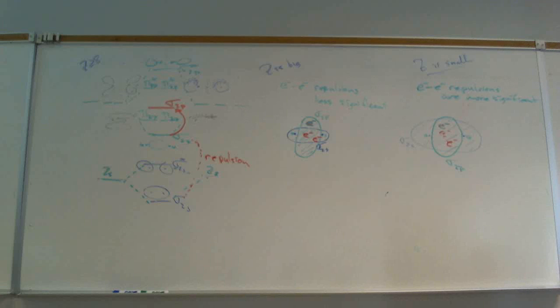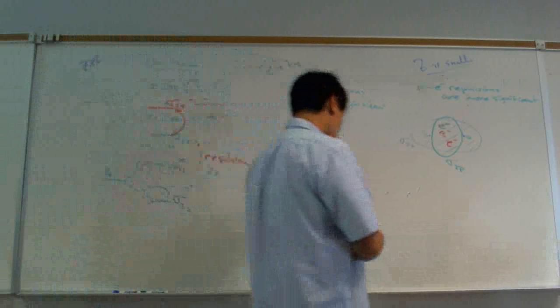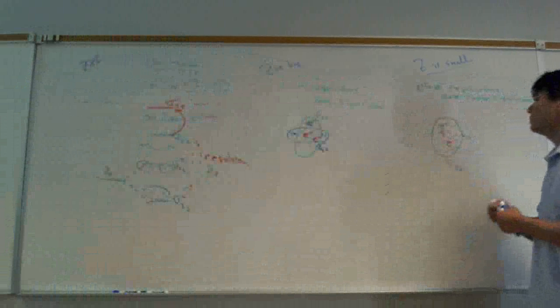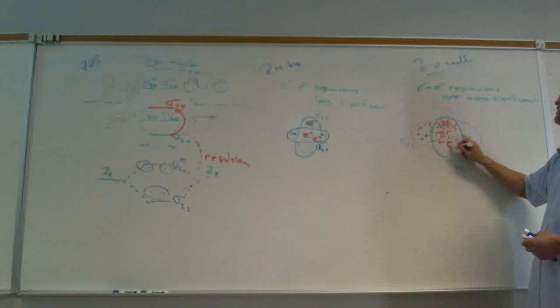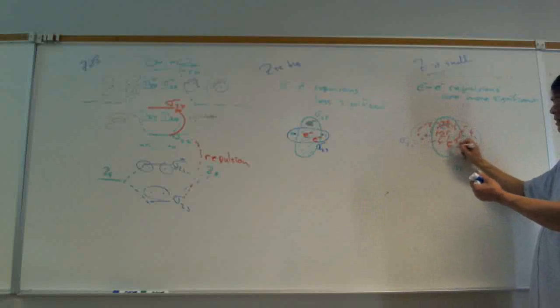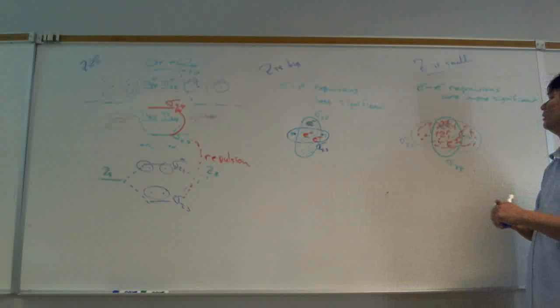And when you draw the repulsion with the red dots, what is that repulsion? The repulsion is this. It's the repulsion between the electron cloud of the red dots and the electron cloud of the green dots.